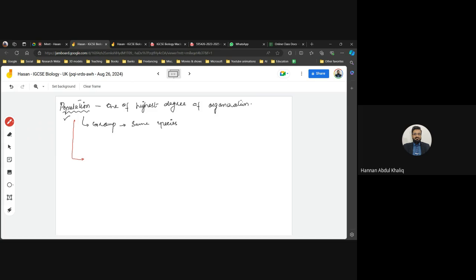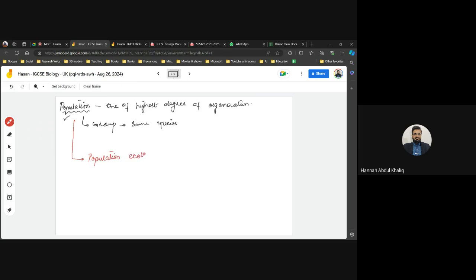We have tried understanding all of them. Now, the question is, does a population contain such characteristics that need to be discussed? Yes. There is a whole study, a very big branch of ecology, that is called population ecology.